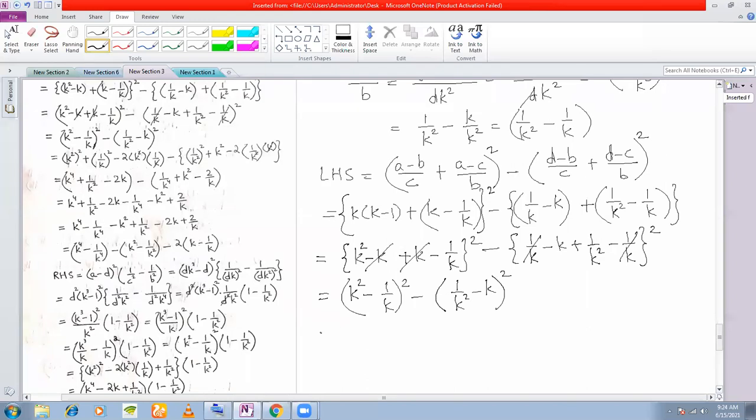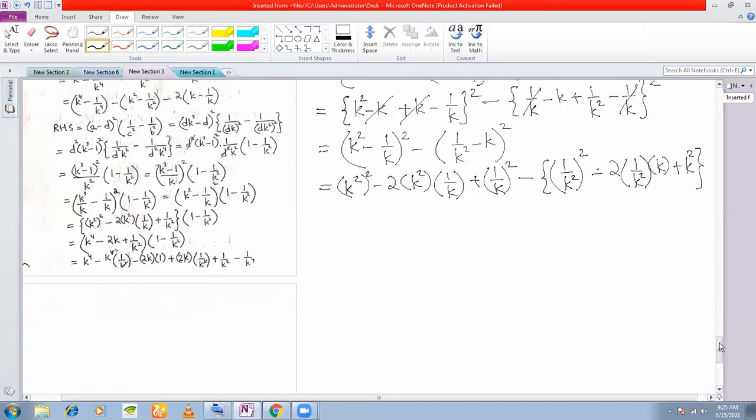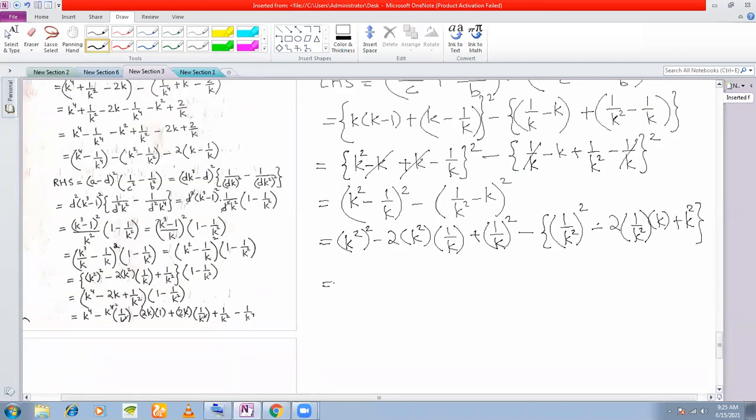Okay, now you expand this. You get a square minus 2ab plus b square minus a square minus 2ab plus b square. So you get k to the power of 4. Here 1k cancels.